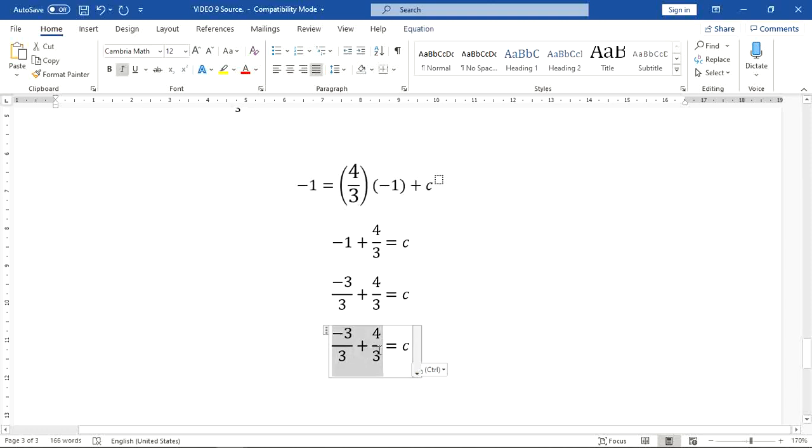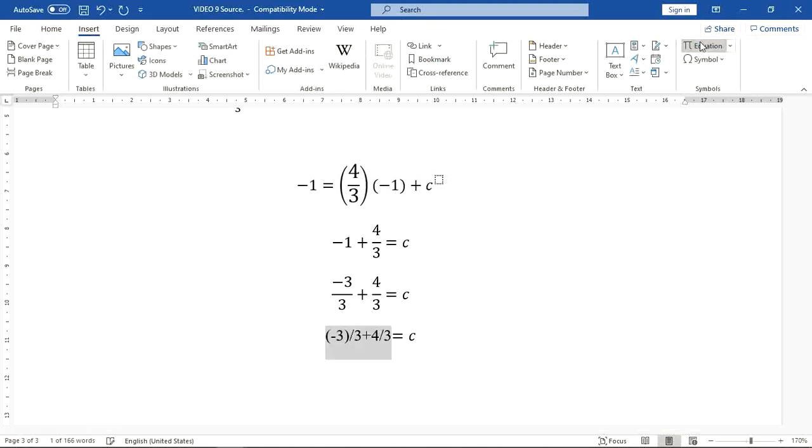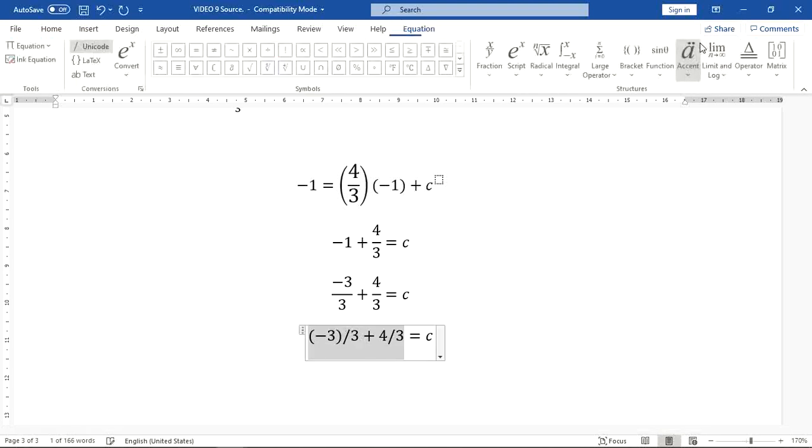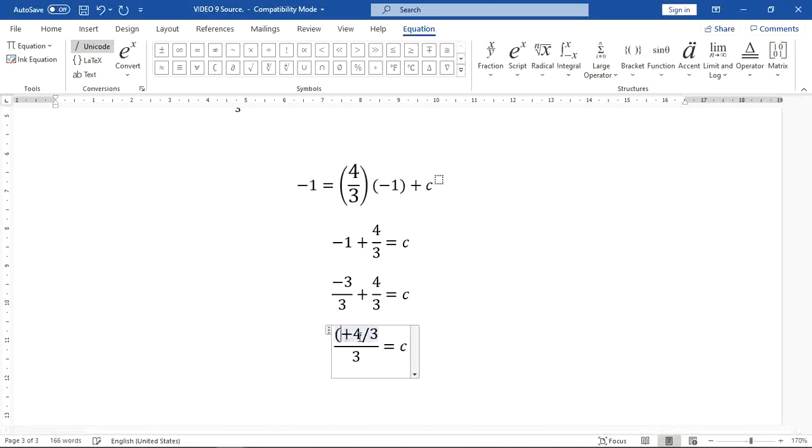So now here we only need to have one fraction, and that fraction will have a 3 at the bottom, and then on top here you have -3 and a +4, and we know that -3 plus 4 will end up as 1 on top.